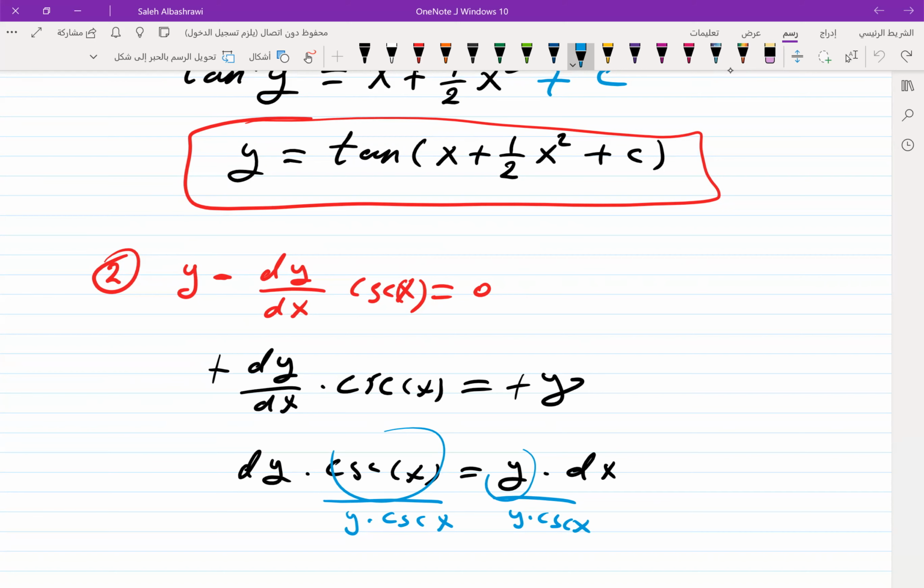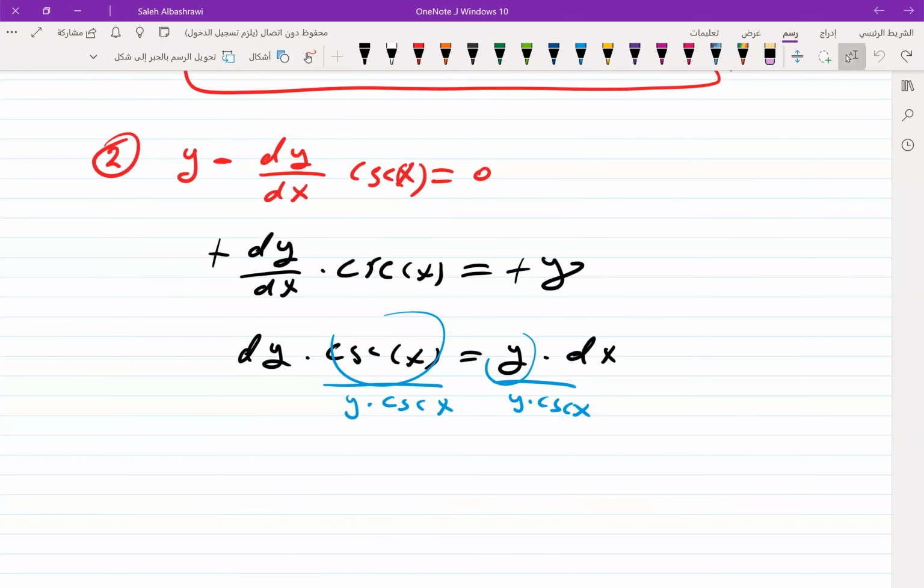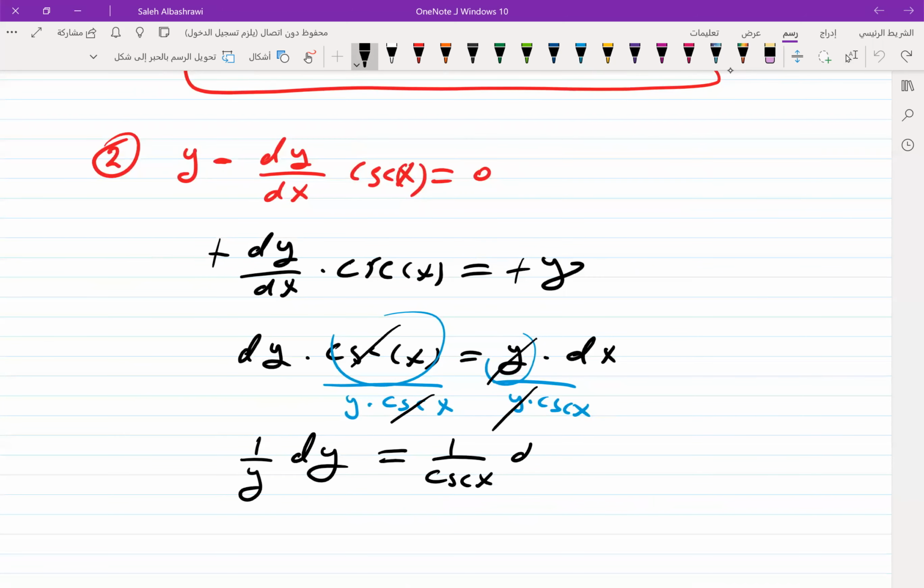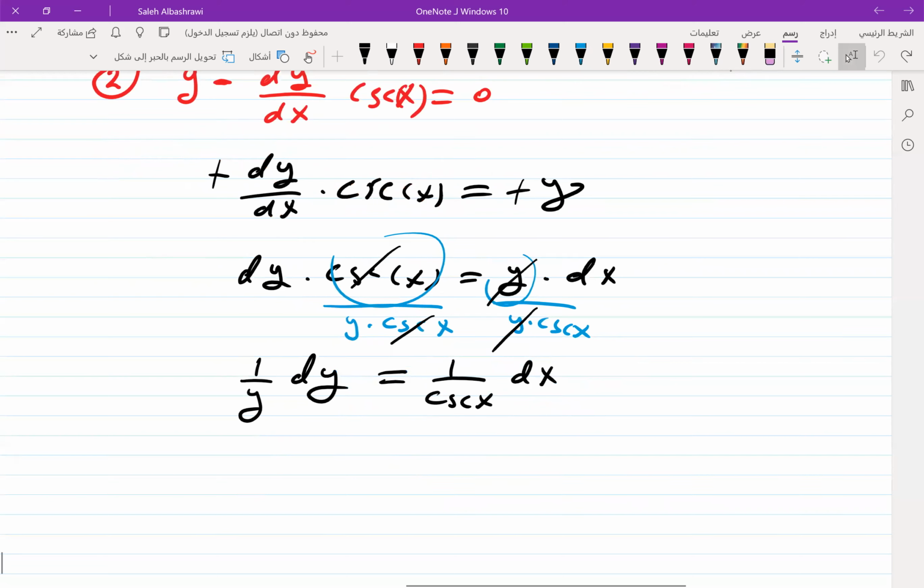Then I will have 1 over y dy on the left hand side, and 1 over cosecant of x dx in the right hand side.